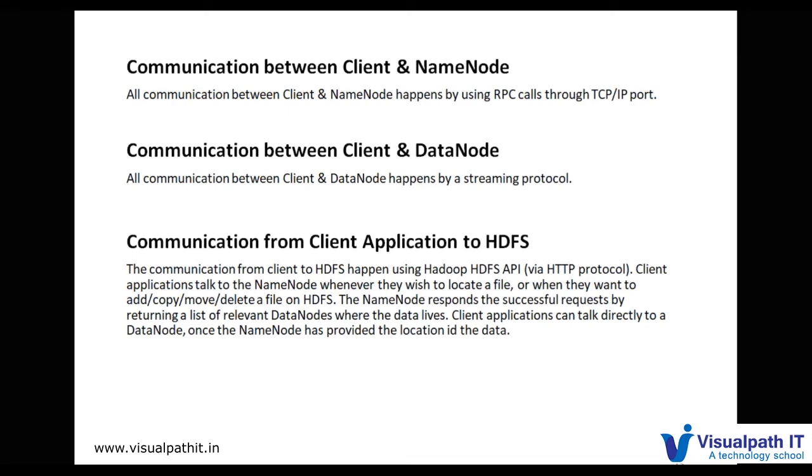First, through an edge node, we have to connect to the cluster, and then we have to locate the file. Where is the file available? Based on which file is required, the communication happens only through name node.